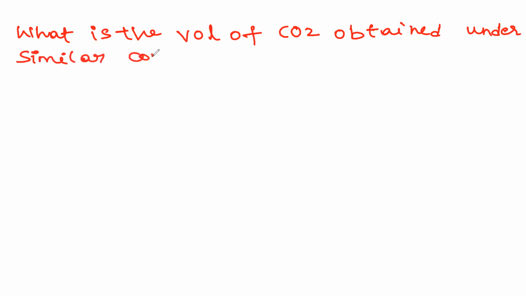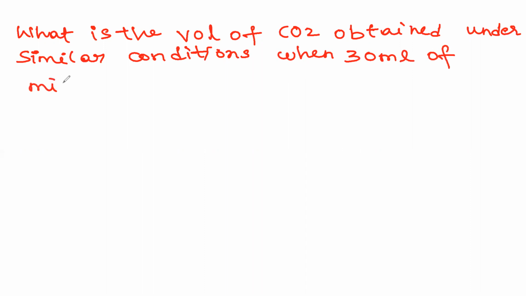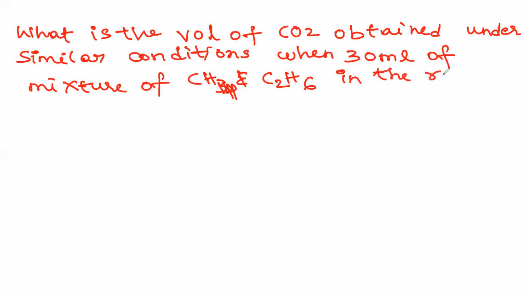when 30 ml of a mixture of methane and ethane, CH4 and C2H6, in the ratio X is to Y gives 40 ml of carbon dioxide.